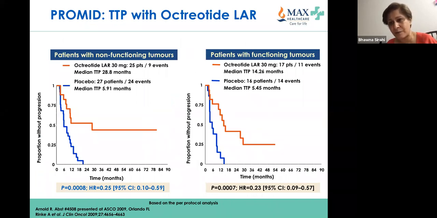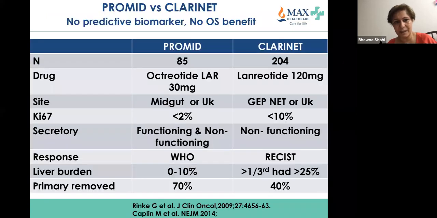So you can observe these patients. A median of 6 months is excellent, and this is the median. The range can be 2 years, 3 years as well. So significantly better, obviously, with the active treatment of octreotide. Time to tumor progression was 29 months in non-functioning, so it works in both functioning and non-functioning.